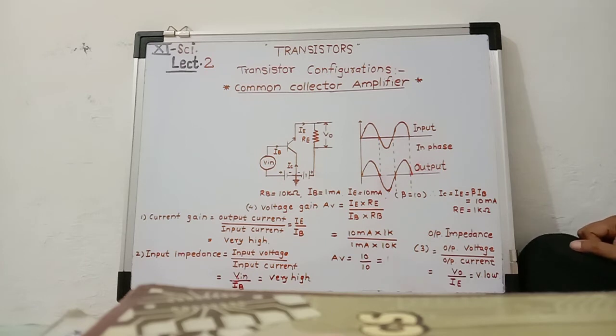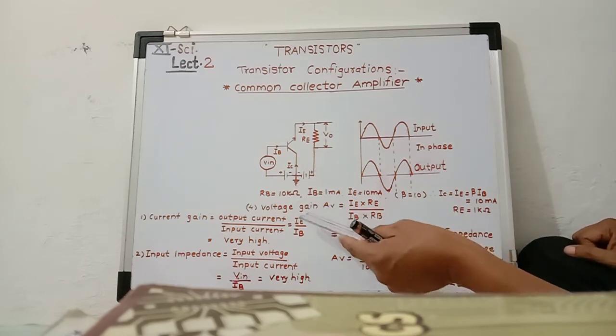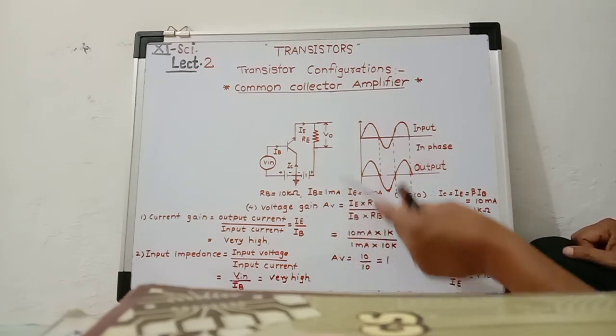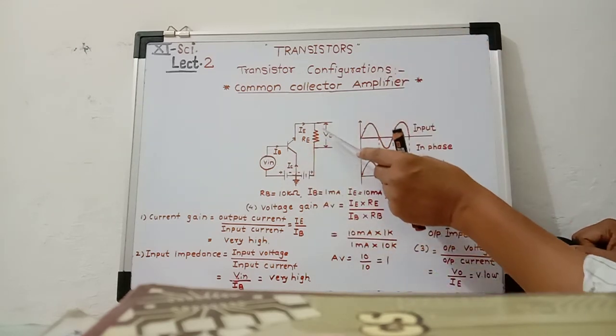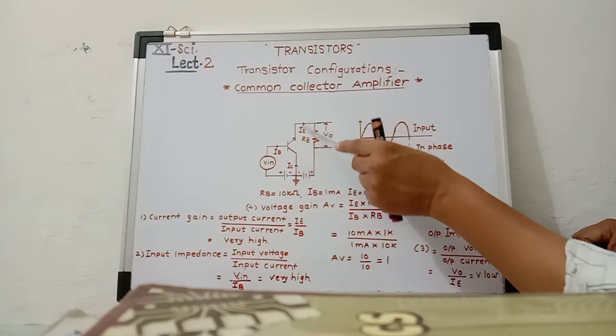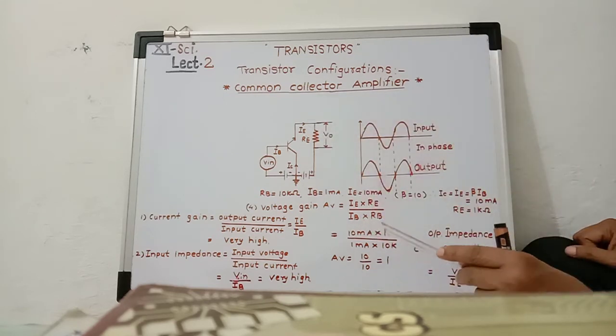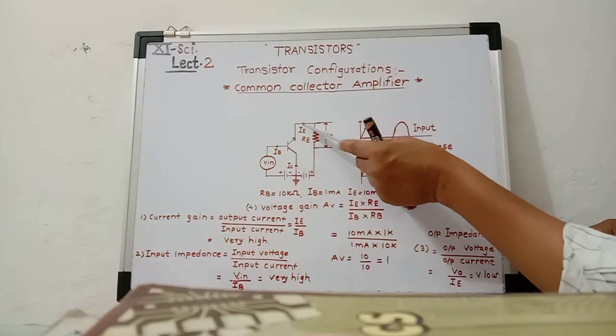Now see the voltage gain. Voltage gain is equal to output voltage divided by input voltage. Output voltage VO is equal to IE into RE, because we are taking the output voltage across RE.